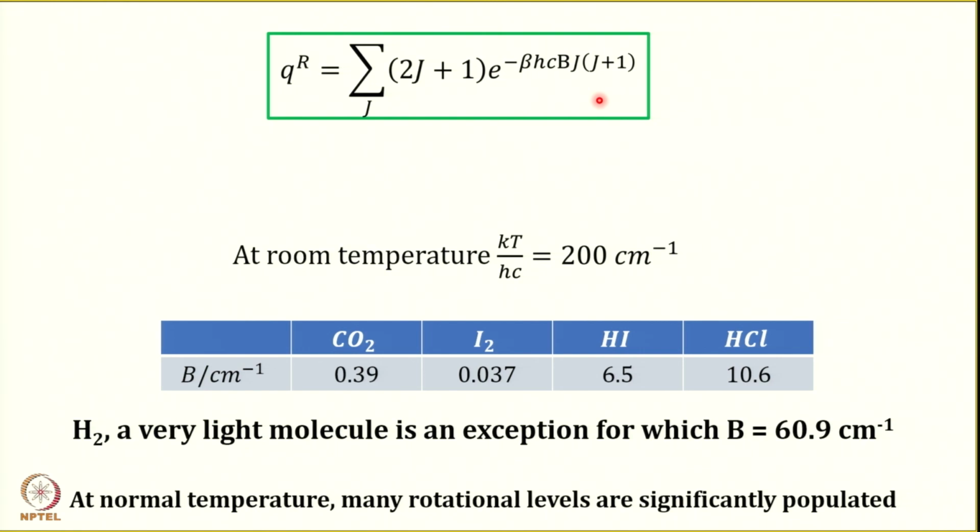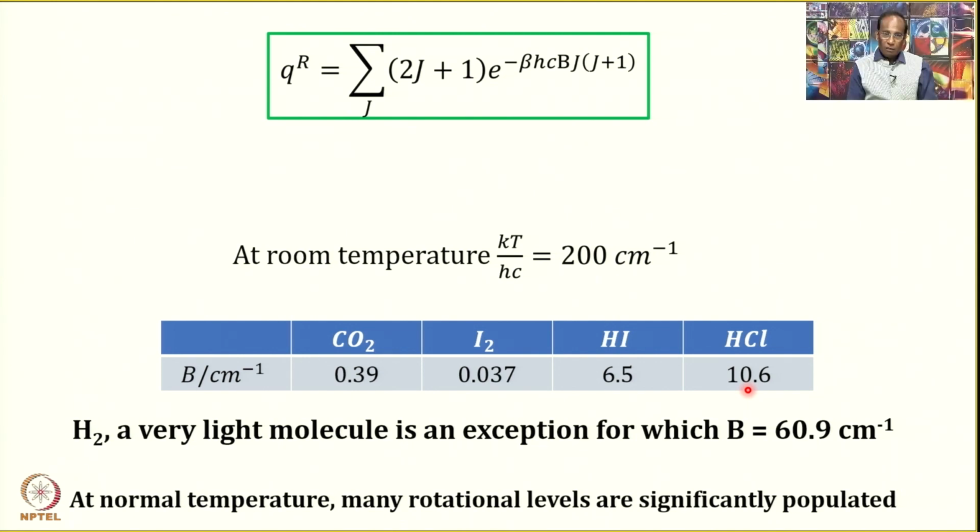Now, let us see the value of the rotational constant B in centimeter inverse: 0.39 for carbon dioxide, 0.037 for iodine, 6.5 for hydrogen iodide, and 10.6 for hydrogen chloride. B is h cross over 4 pi cI. And if you look at the value of kT by hc at room temperature, it is 200 centimeter inverse.